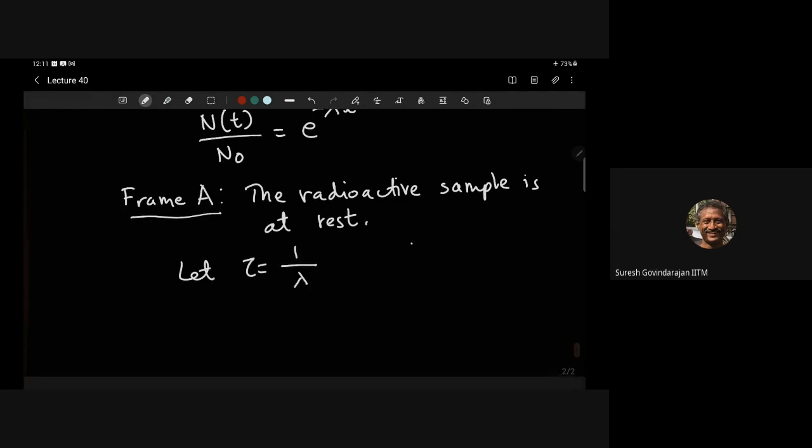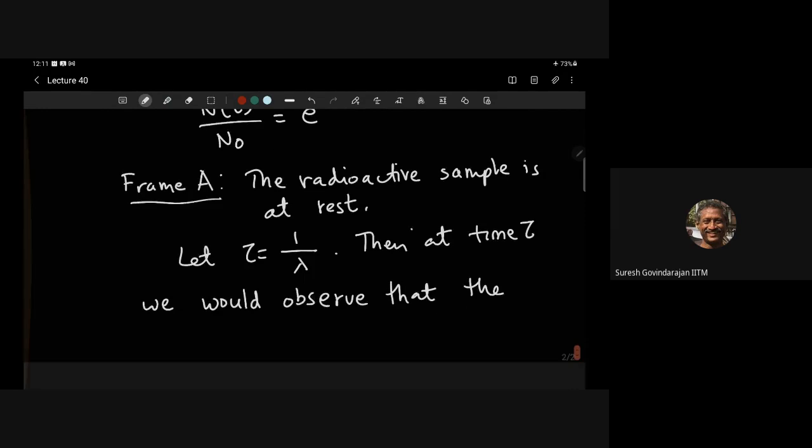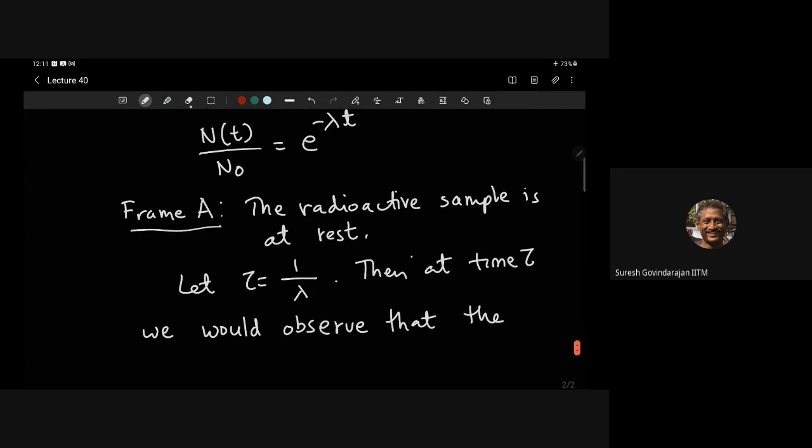Then at time tau, how many would we observe? What is N of tau? That's all I'm asking. What will it be equal to? It's N naught by e. Yes, it will reduce by a factor of e.